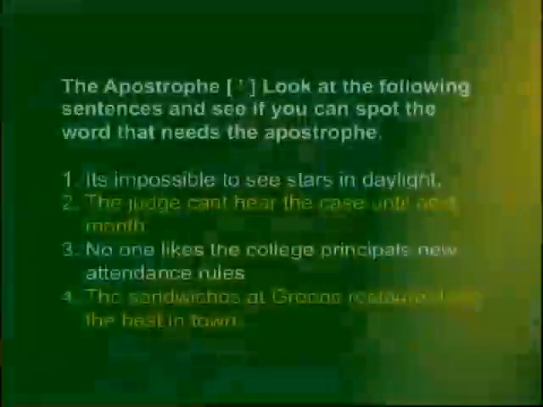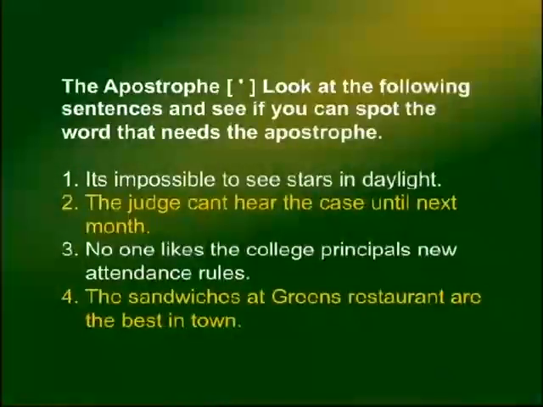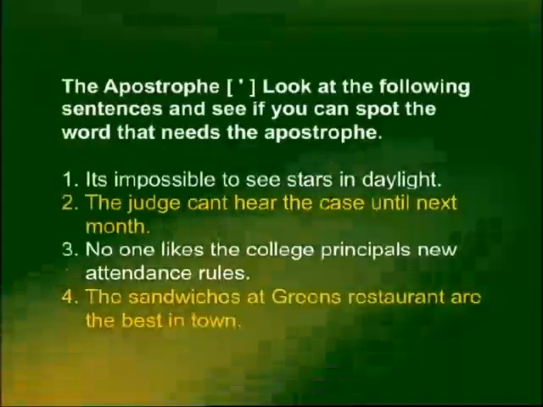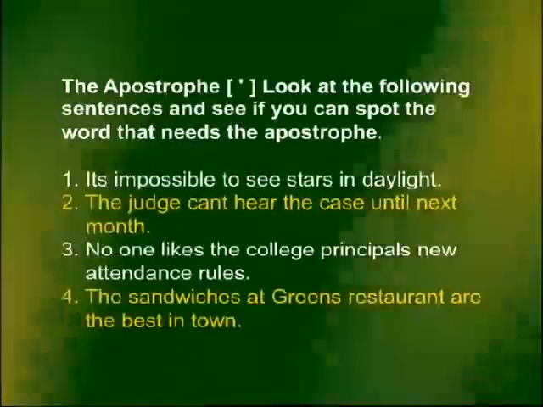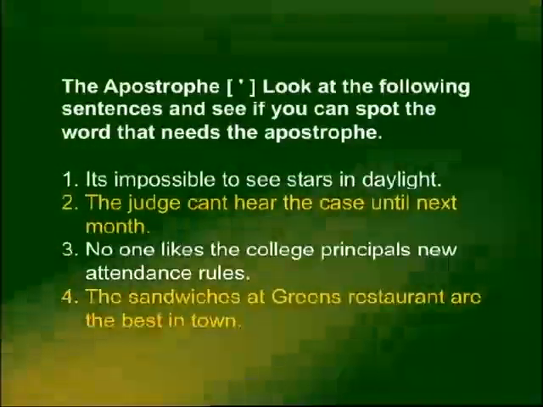Now we're looking at the apostrophe, the use of the apostrophe. Look at the following sentences and see if you can spot the word that needs the apostrophe. Number 1. It's impossible to see stars in daylight.